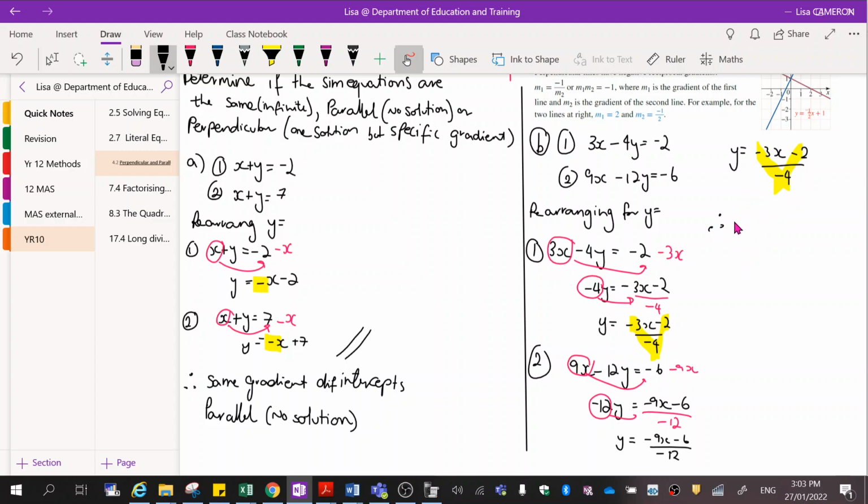So therefore, same gradient, same intercept, infinitely many solutions. Or another way I could say that is they are the same. Perfect. Okay, so that's all I'm going to show you today. Get started on the other questions.